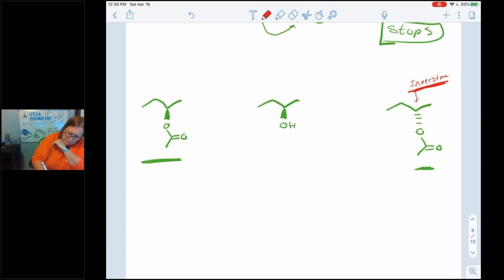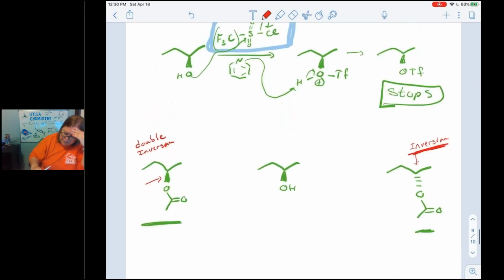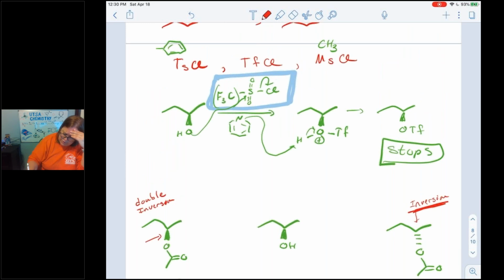Okay. Here you're probably looking at this and you're saying, well, there was no inversion. Well, there was, but it was a double inversion. Okay. And so when you look into your arsenal, I know that if I use tosyl chloride, triflyl chloride, or mesyl chloride, the reaction stops.